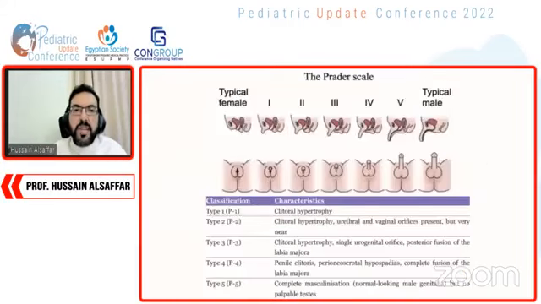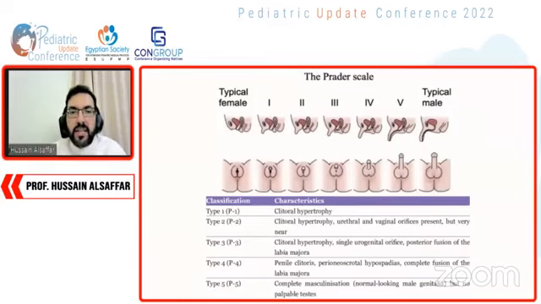And according to Tanner staging, on the left side is the typical female genitalia, and on the right side is typical male genitalia. Then there will be masculinization and virilization. According to Tanner staging, if it's just clitoral hypertrophy, that's grade 1. Grade 2 is clitoral hypertrophy with urethral and vaginal orifices present, but very close to each other.